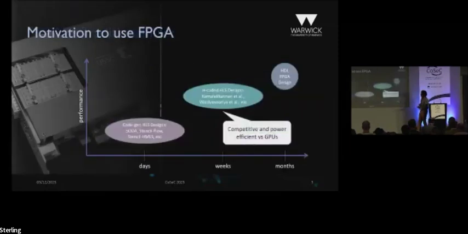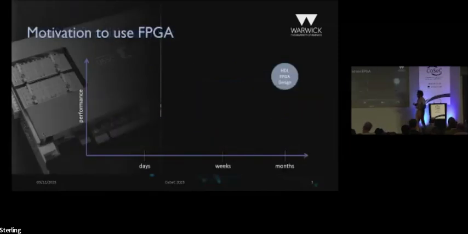So with that in mind, the way of implementing on an FPGA is to use hardware description languages, sometimes called RTL. These languages describe how the hardware, the microarchitecture, is going to be. This sort of hardware is used in very low latency and more energy efficient applications, from space applications to financial applications.